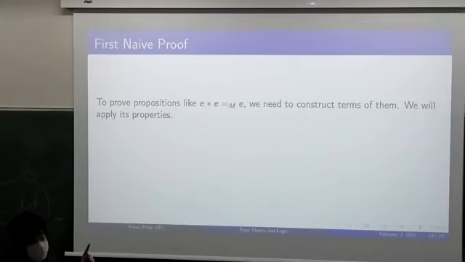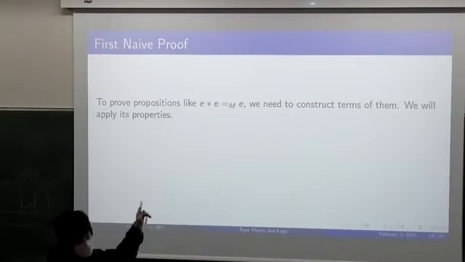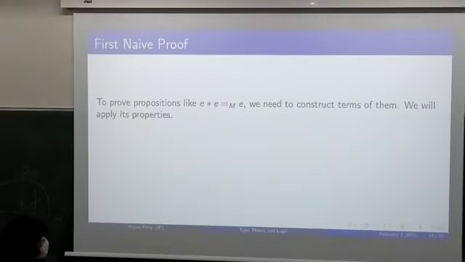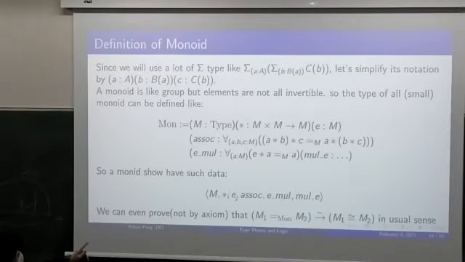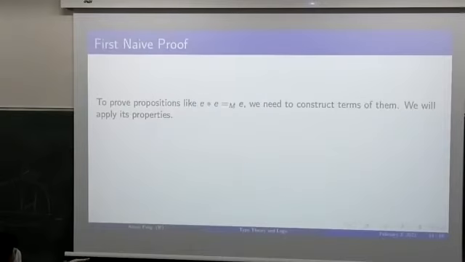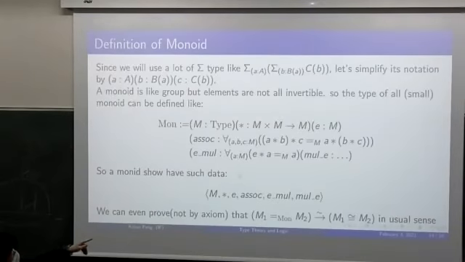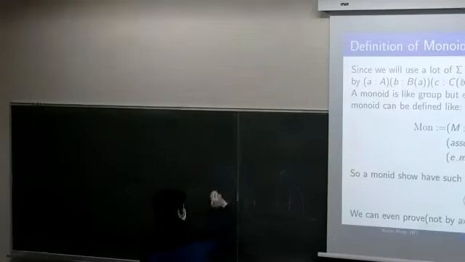Our goal is to find a term of this, right? And what we only have are those properties. So we want to construct a term of this from those properties. But we will notice that since this is a section, you can also think of it as a function.